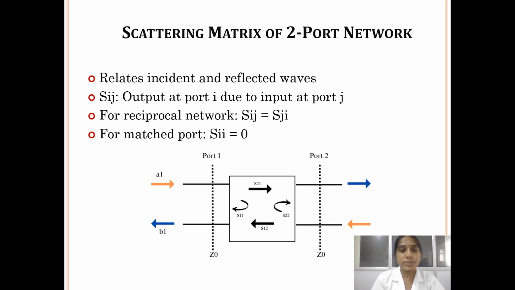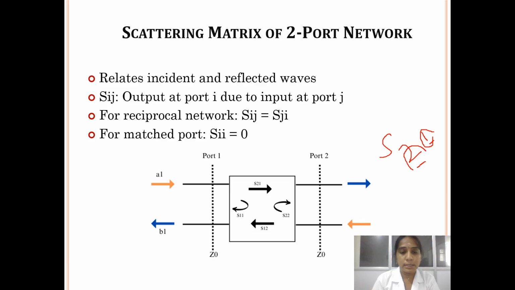Here Sij represents one of the components in the S matrix. Here j represents the input and i represents the output. For example, in S21, 1 represents the input port and 2 represents the output port, meaning that I am giving the input in port 1 and getting the output in port 2.